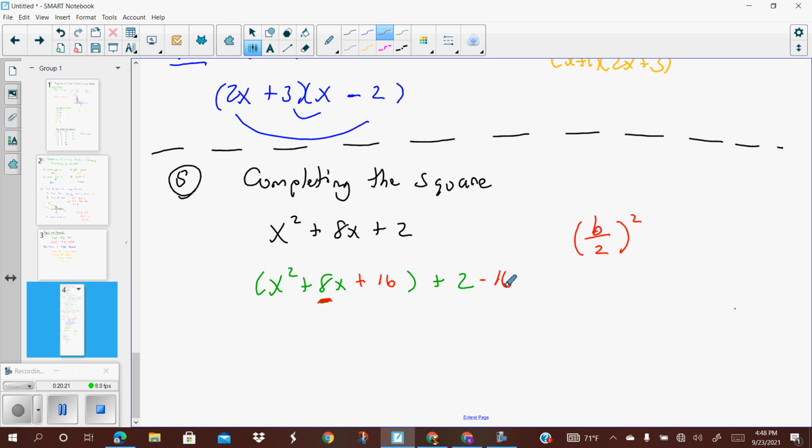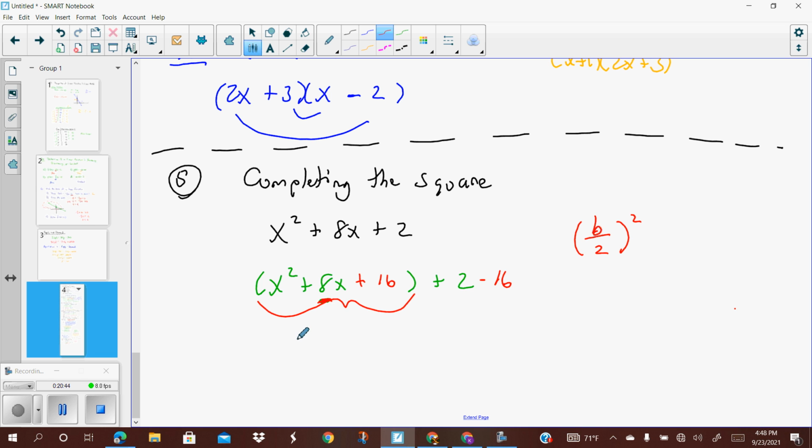So what we're going to do now is show why this is called completing the square. This piece right here is now a perfect square trinomial, and we covered that earlier. The first term is the square of x. The last term is the square of 4, right? 16 is the square of 4.